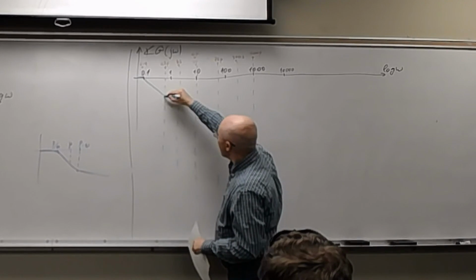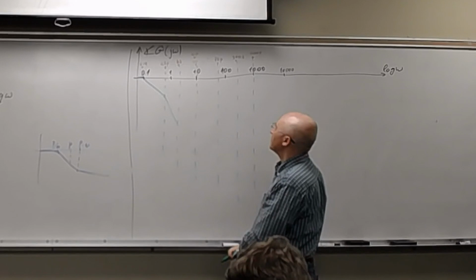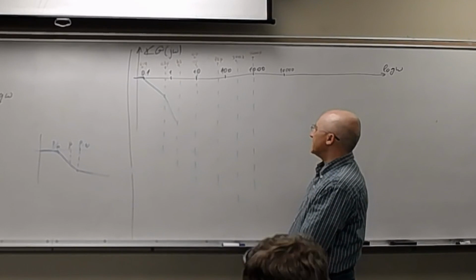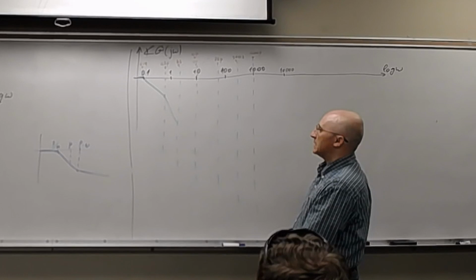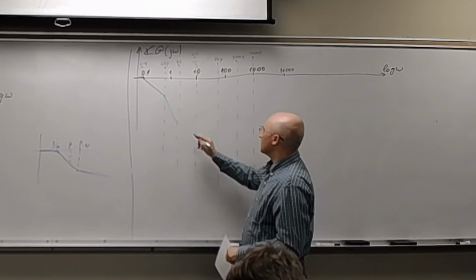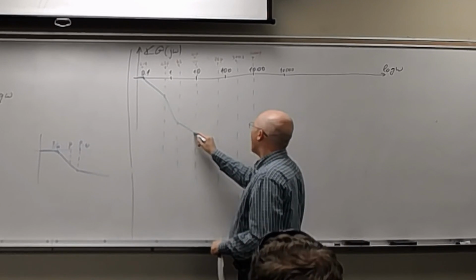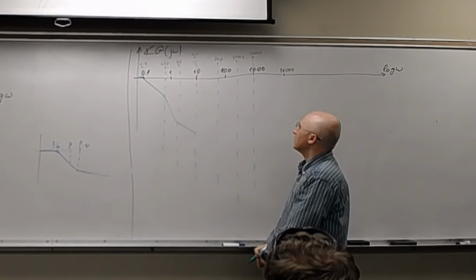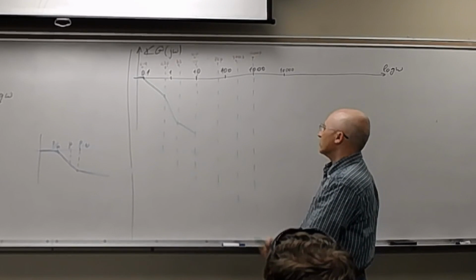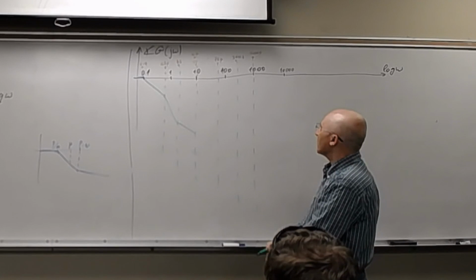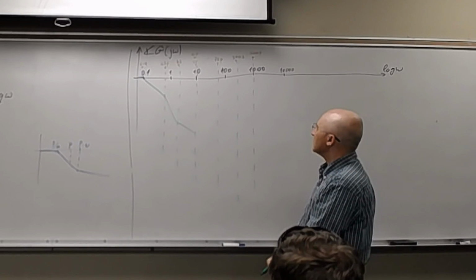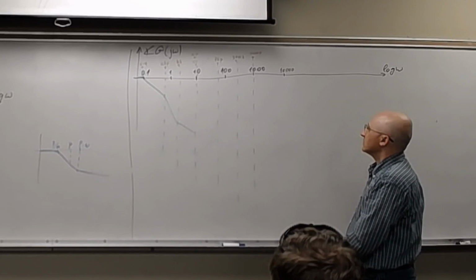It goes more down until it gets to the third 0, right? And then it goes a little bit up. So it goes the other way. Poles are getting more negative in slope.